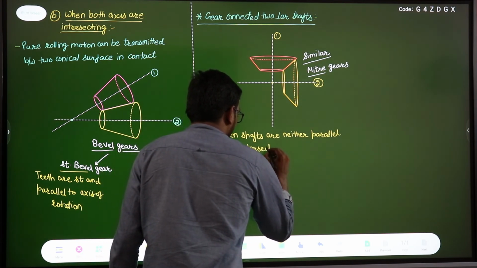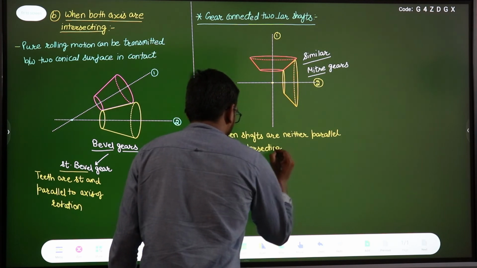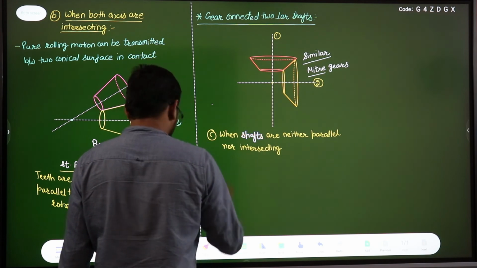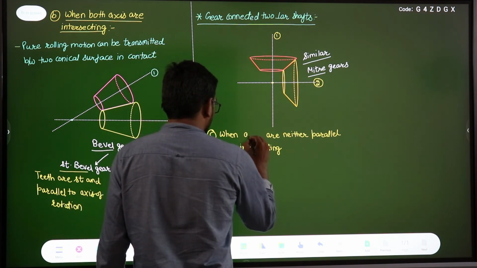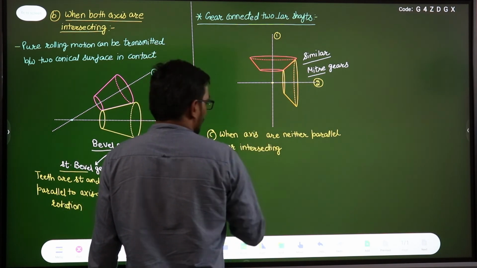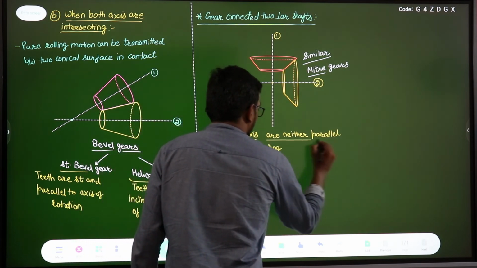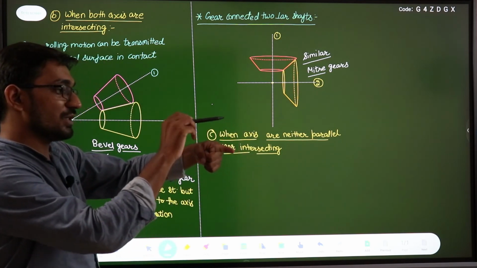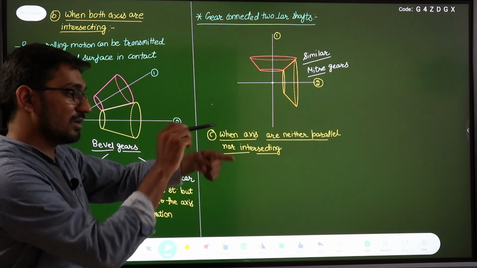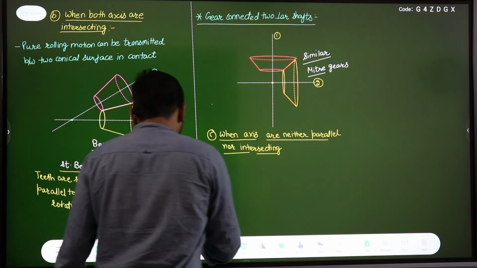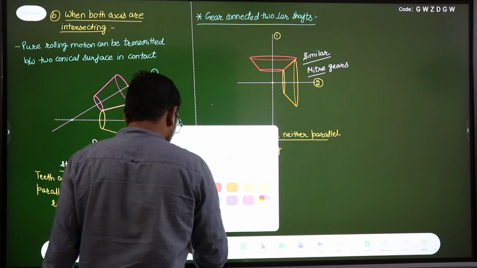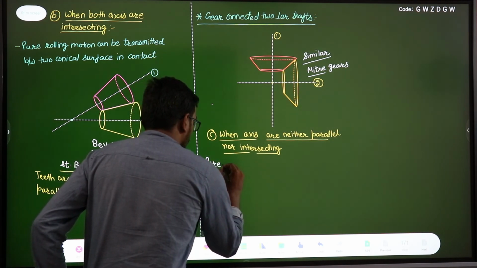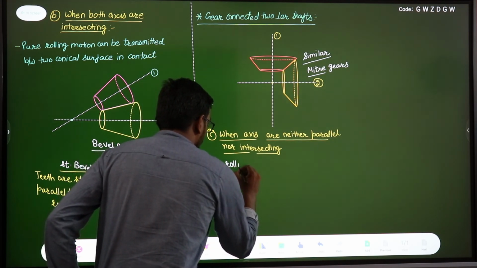If they are not parallel or intersecting, you can write axis in place of shaft, right? That will give you better understanding. When the axes of rotation of the shafts are neither parallel nor intersecting, like this, if these are the two shafts, they are not parallel and not intersecting. So in this case, pure rolling is not possible.